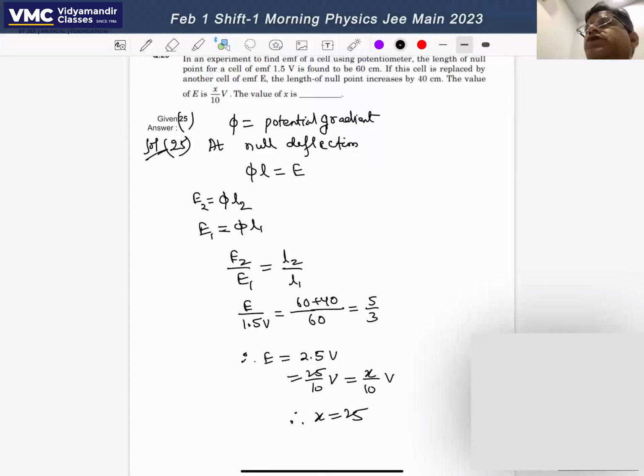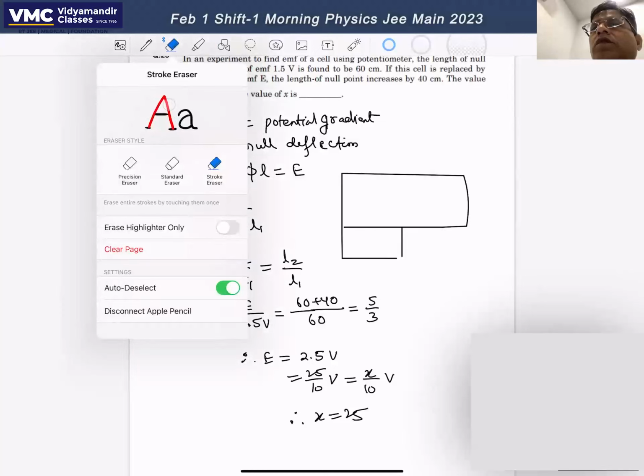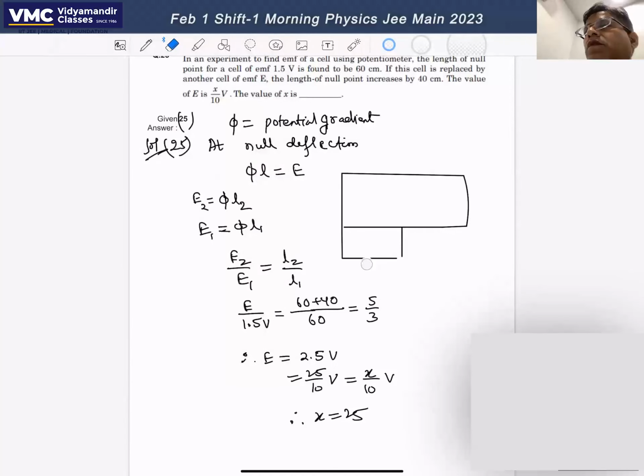So in a potentiometer, some cell is used, and then here another cell is used, and this phi is the potential gradient, and a certain galvanometer is also used for null deflection.